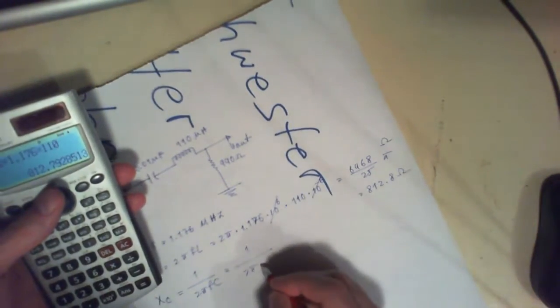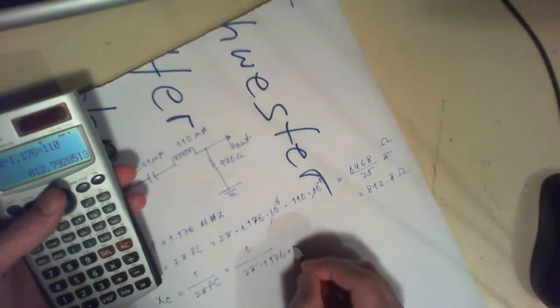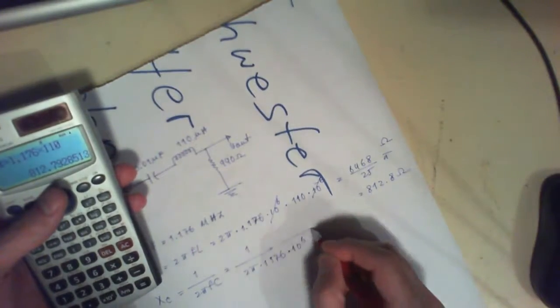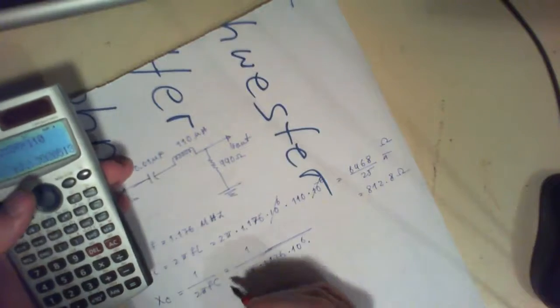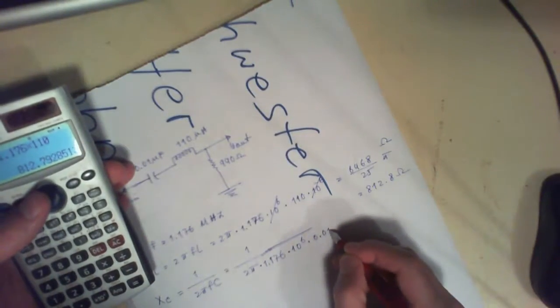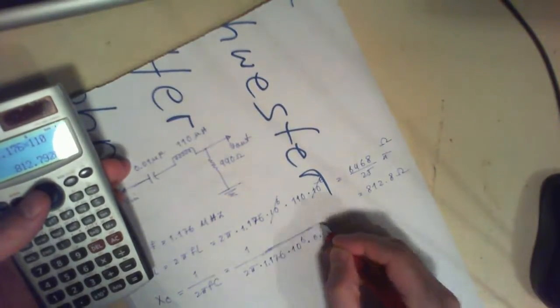Now X of C is equal to 1 over 2 pi f C, which is equal to 1 over 2 pi, f is 1.176 times 10 raised to the power 6 hertz, and times the C, the capacitor was 0.01 microfarad, times 10 raised to the power negative 6 farad.